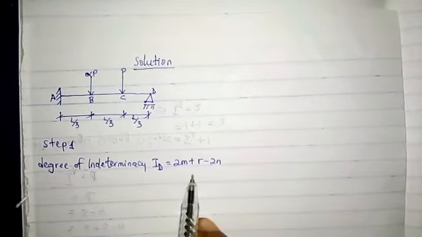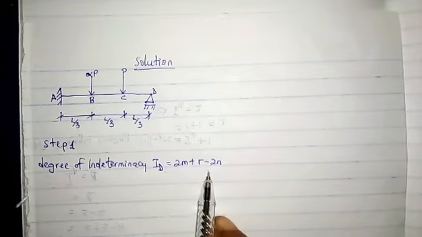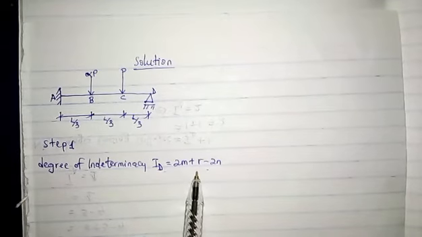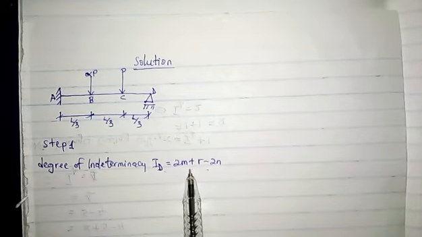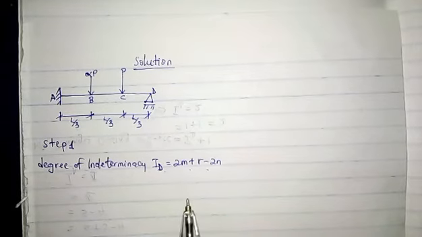This is the formula to get the degree of indeterminacy, but please be very careful: this is for cantilevers and beams. When we talk about frames, there is a different degree of indeterminacy formula you use.